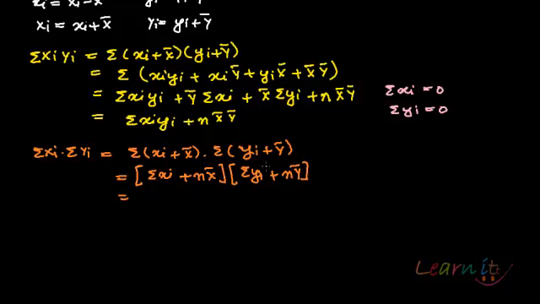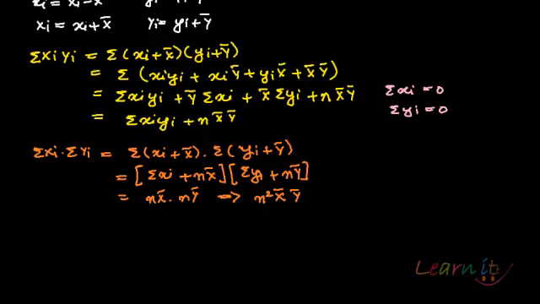This would be 0 because the sum of deviations from mean is 0, so what is left is nX bar. This would be 0 because the sum of deviations from mean is 0, into nY bar. So this makes it n square X bar Y bar. Clear? So, well, this is this.